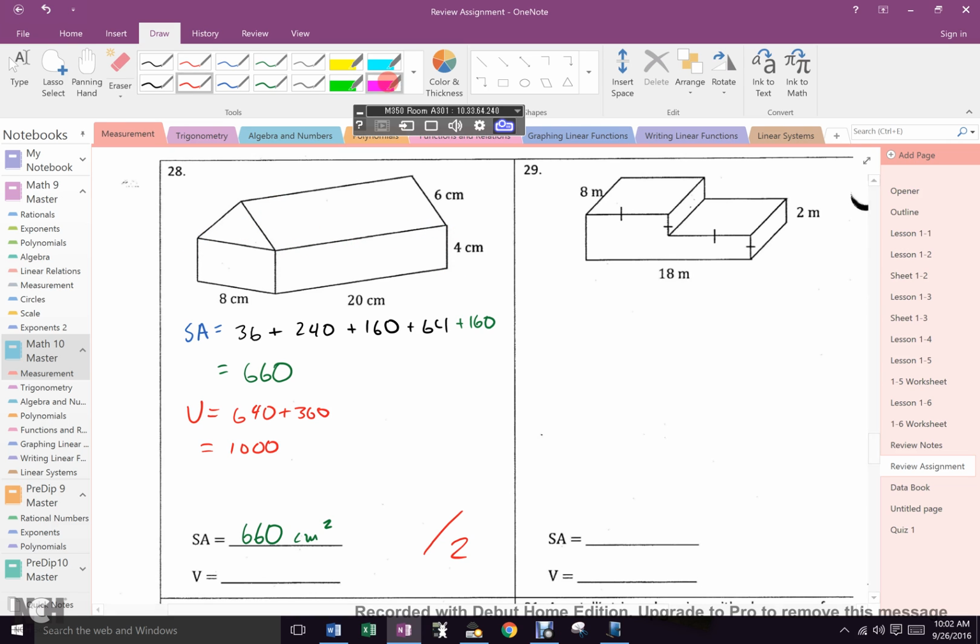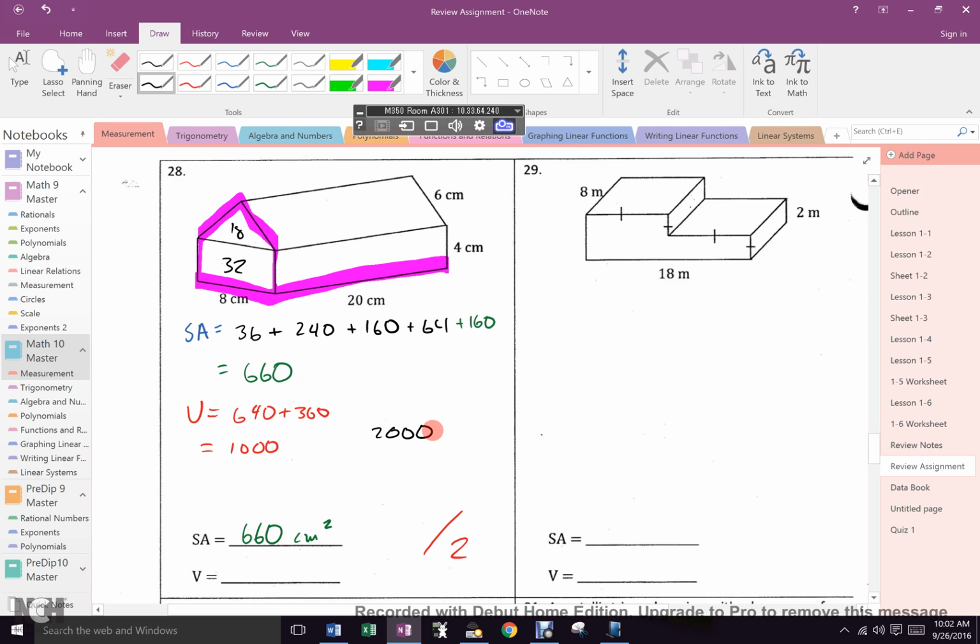Some of you may have done this. Some of you may have recognized, hey, wait a minute, this is a prism, isn't it? And I can take the base area and multiply by the height, can't I? Does everybody see what I did there? So this was 8 by 4, which is 32, and this was 18, yes? 18 and 32 is 50, right? And then you could have done 50 times 20 and gotten 1,000.